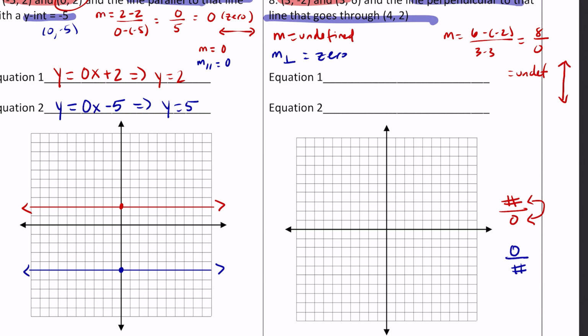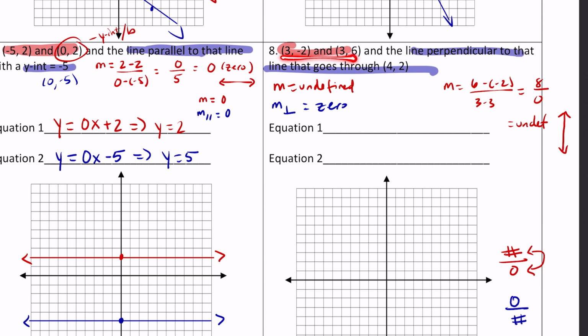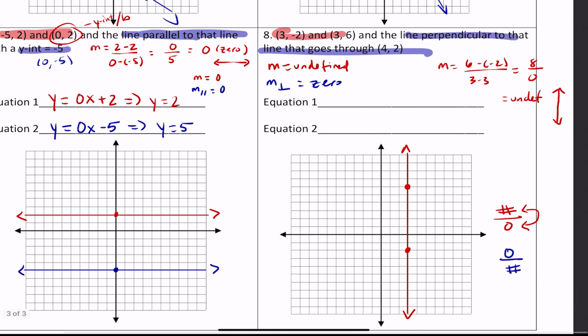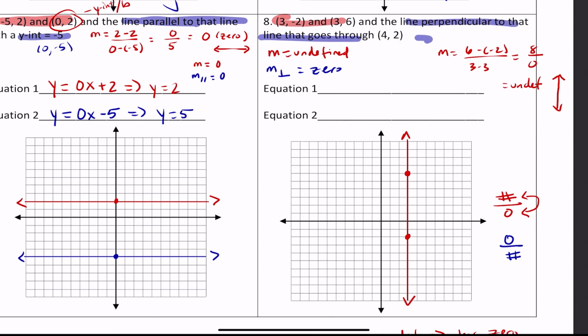So let's go ahead, and since we don't have a y-intercept, I'm going to graph those 2 points anyway. So 3 comma -2 should be right here, and then 3 comma 6 should be 2, 4, 6 right there, and then it should represent this over here. So I have that, okay, and then we have this point over here, 4 comma 2.